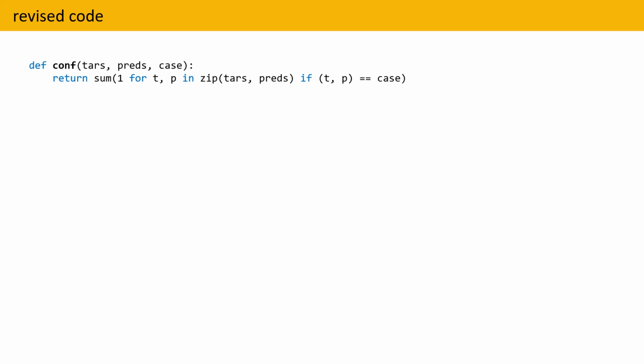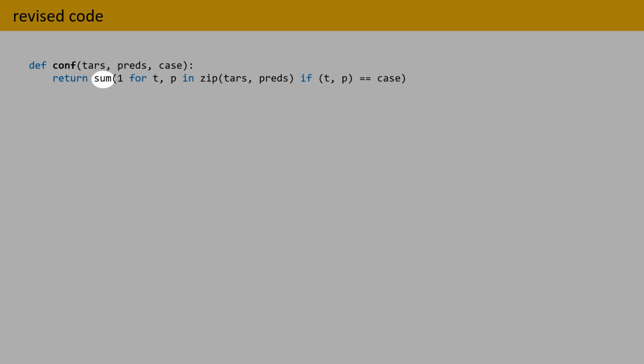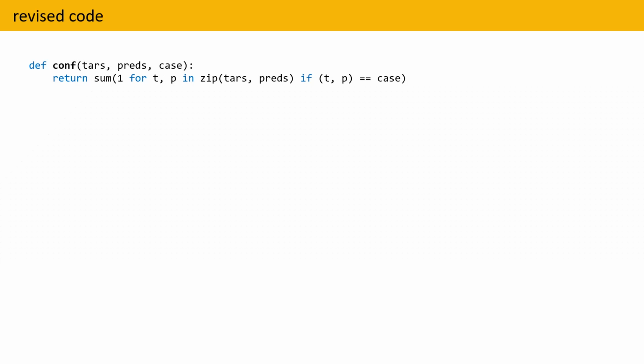If this comparison is successful, the generator produces a 1, and we sum all those ones up to get our confusion value. For the case parameter, we can define 4 constants that describe the true positive, false positive, false negative, and true negative case. Note that the tuple comparison and the constants are expressing the same comparison that was implemented as an if condition in the original code.